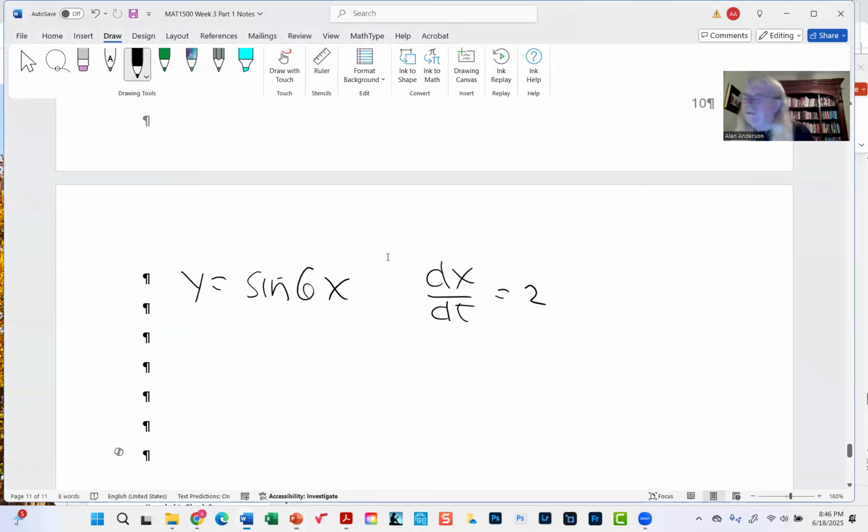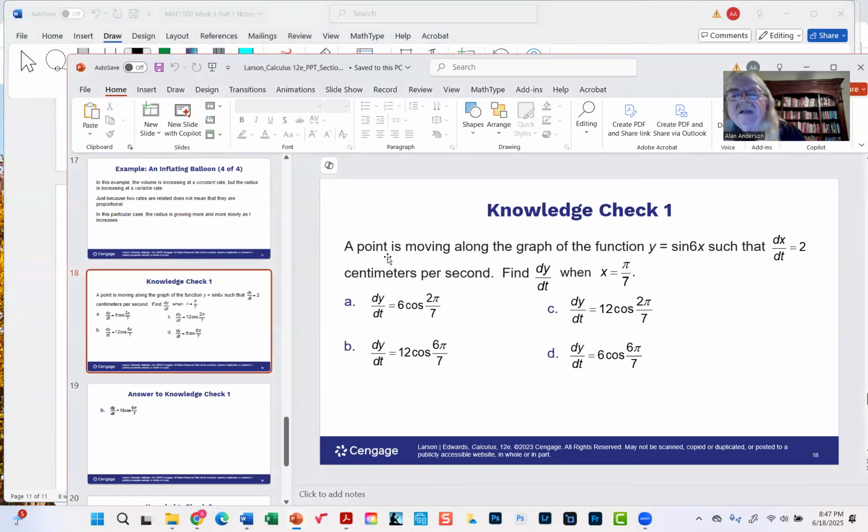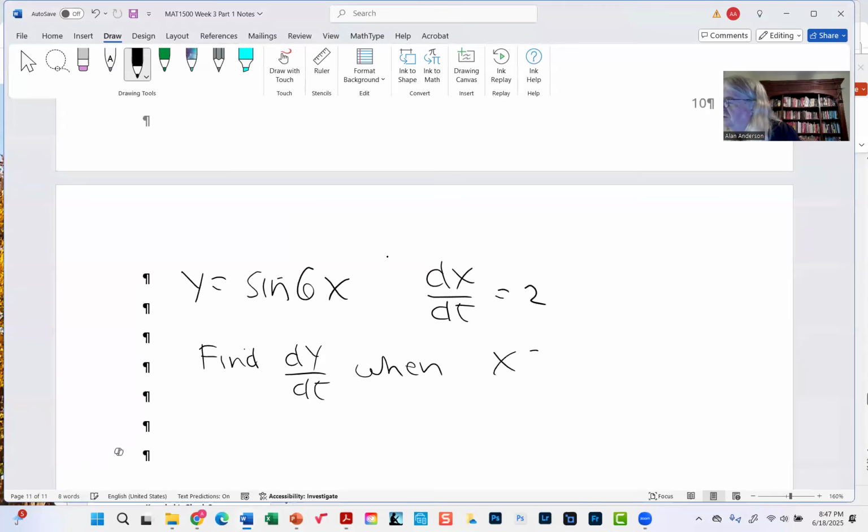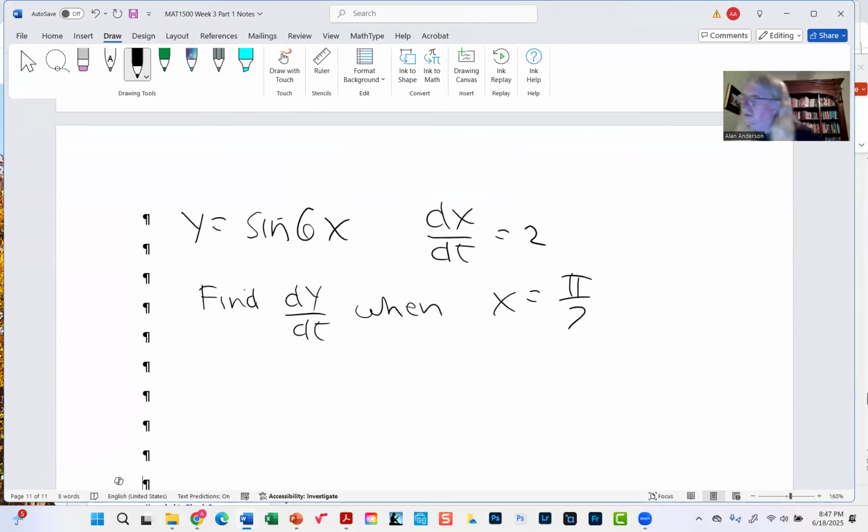Find dy/dt when x equals pi over 7. All right, so again, they didn't actually say this, but we're assuming that x and y are both functions of t.